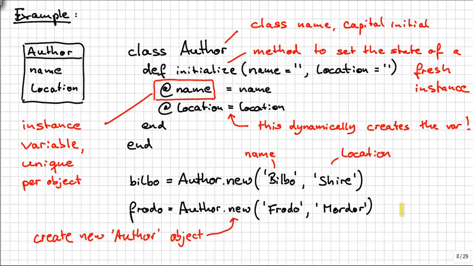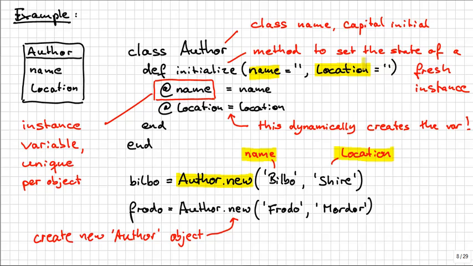Once we've created the class, we can instantiate objects of the class by calling upon the class's new method. What you see here is that we create a new instance of the author class, and we initialize the instance by giving values for the name and location, which then, as Ruby calls initialize, will be substituted for these parameters here and thereby initialize the instance variables that we have defined for the class.